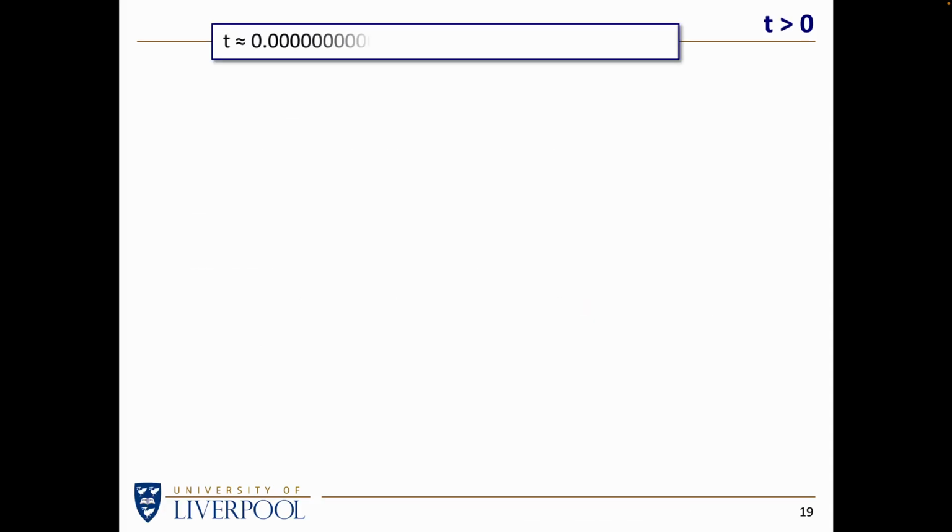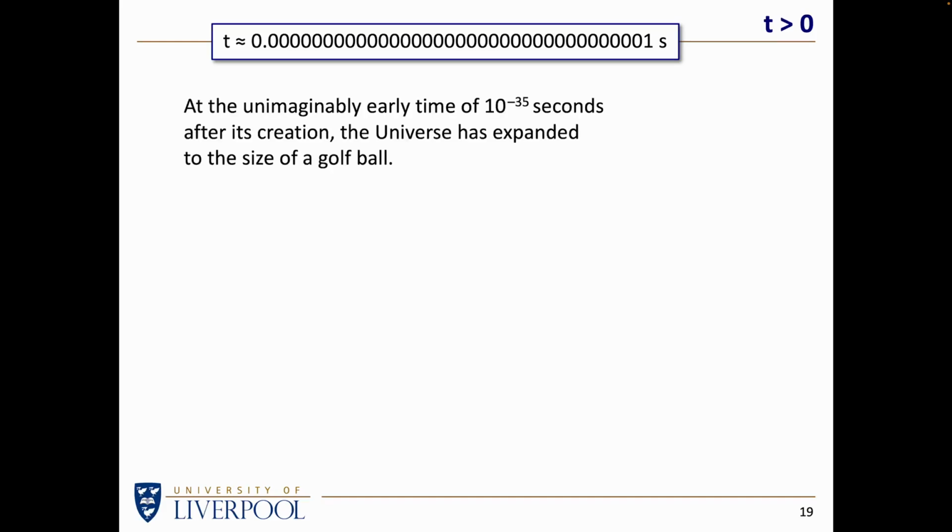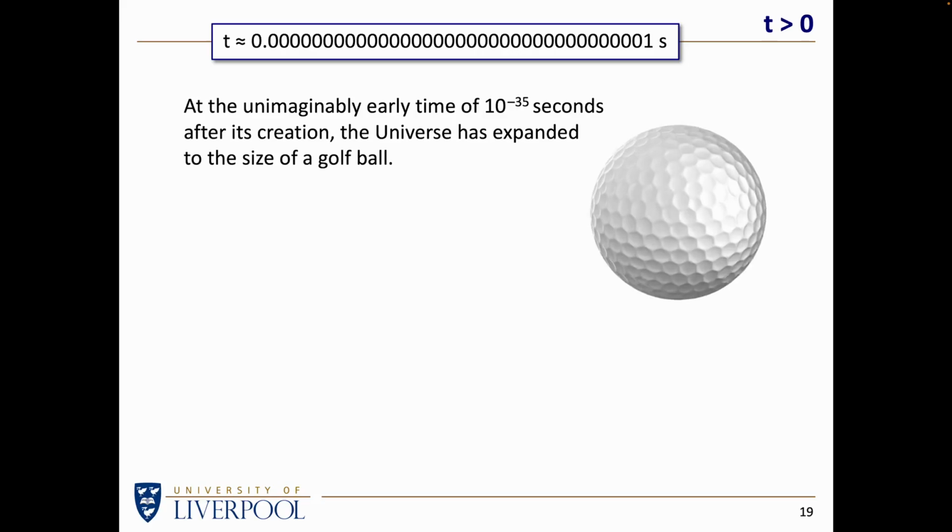What happened next? Well, the universe expanded. It expanded from who knows what size, but after this ridiculously short length of time, 10 to the minus 35 seconds, the observable universe has expanded until it's about the size of a golf ball. By that I mean that everything that we currently see inside the observable universe, remember this sphere, 100 billion light years in diameter, everything that is currently observable to us used to be a lot closer together.